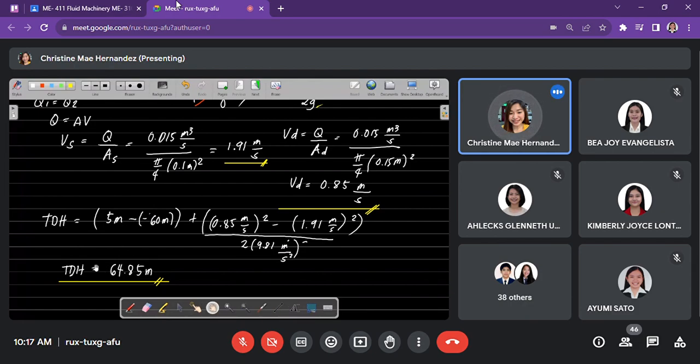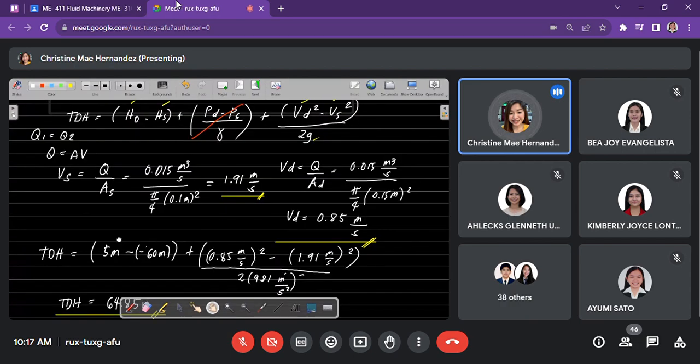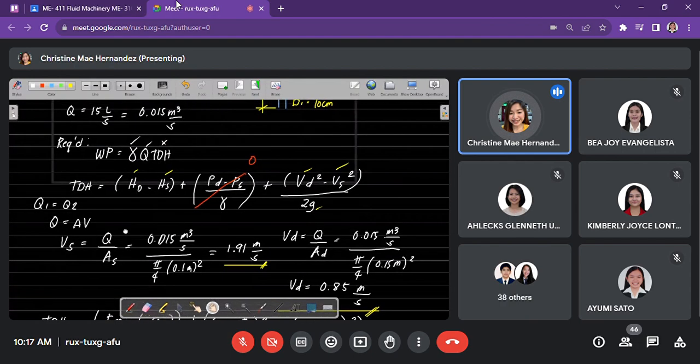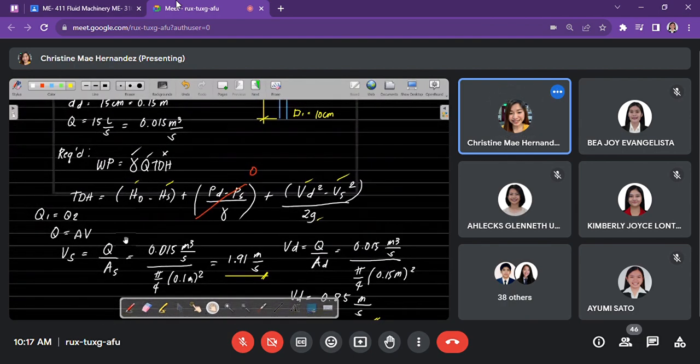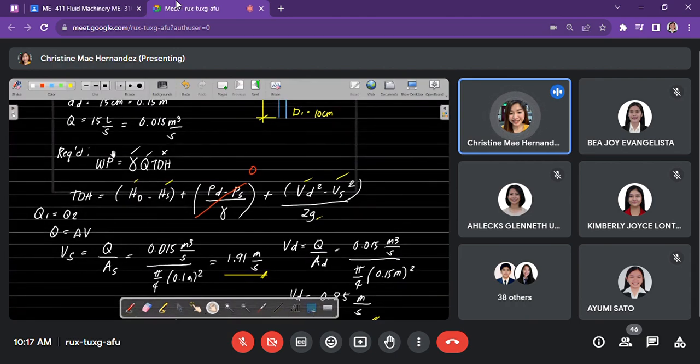Hindi lang dito nagtatapos yung ating solusyon kasi ang unknown sa ating problem, yung ating hinahanap, is si water power. So, ito na yung ating mother formula, di ba? Si water power is equal to specific weight times the volumetric flow rate times the total dynamic head. Since we already computed the total dynamic head, so ito yung HD, elevation head, discharge and suction.